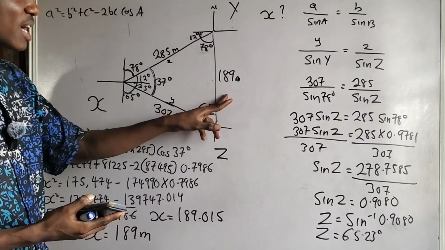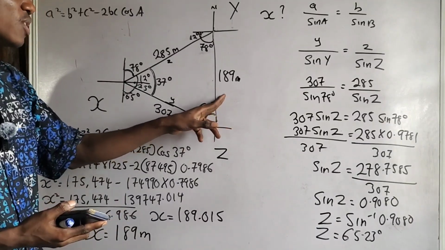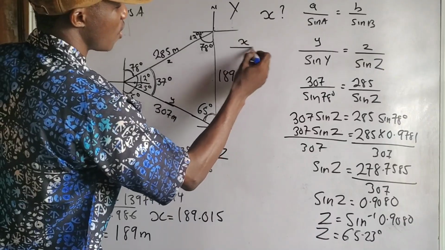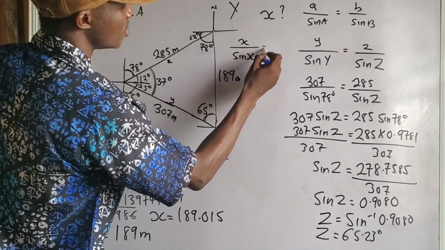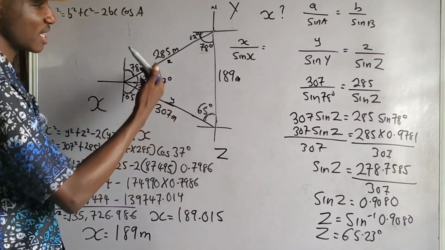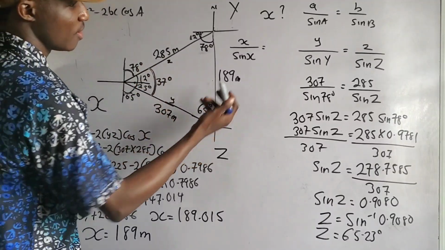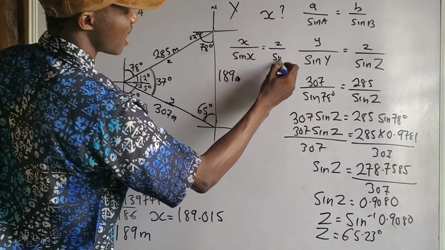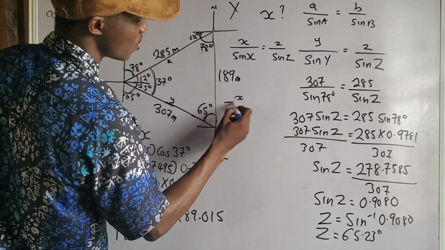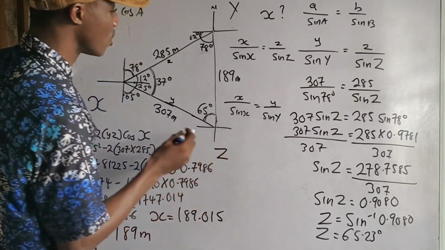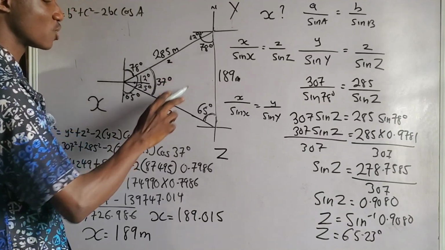Now, if you want to use the sine rule, let's assume that you don't know this side before. You're going to have x over sine x equals to, now you can choose any of the sides or any of the angles: z over sine z, or x over sine x equals to y over sine y, because we know the angle y and we also know the side y.